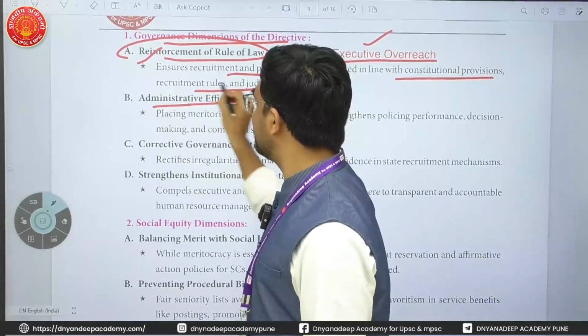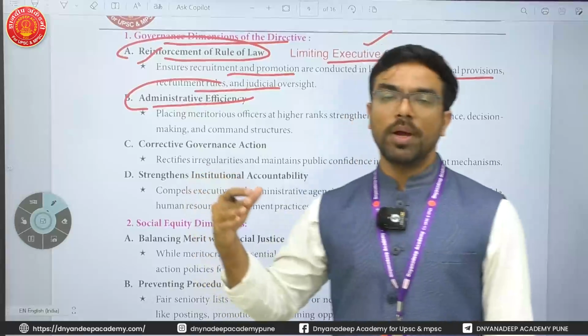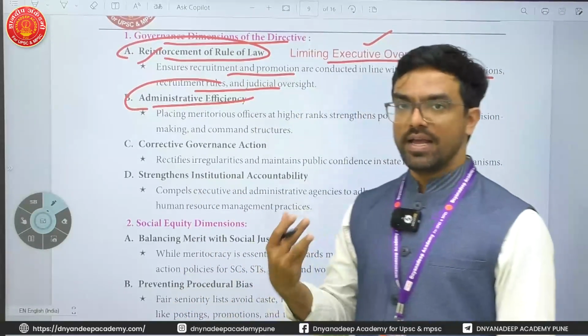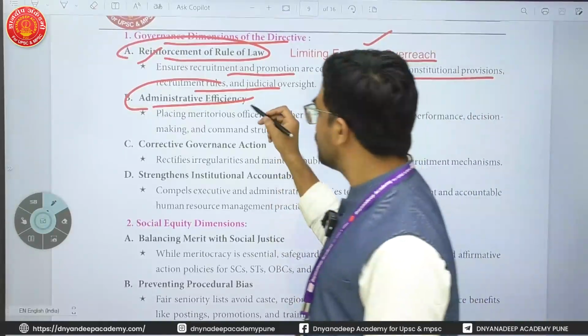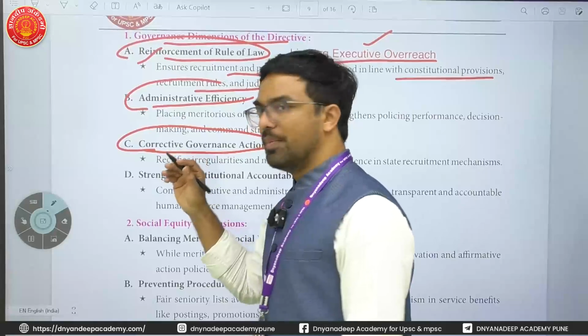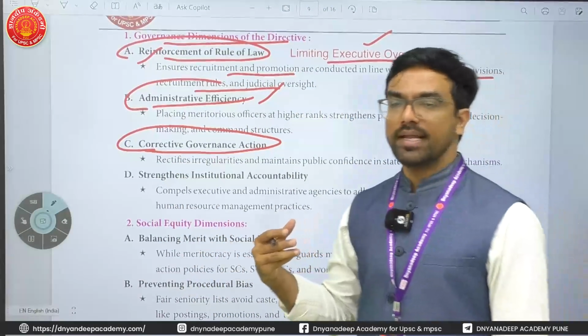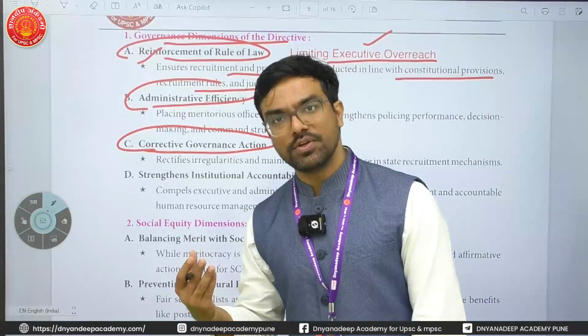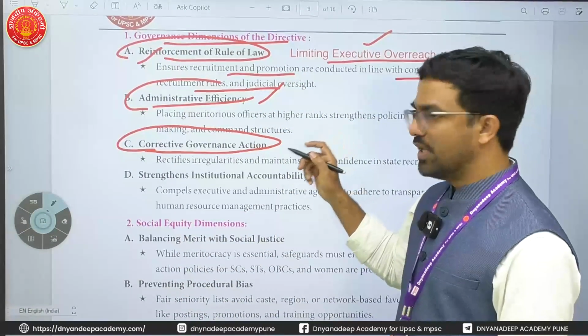It ensures administrative efficiency. How? By placing more meritorious police sub-inspectors in the promotion list, it ensures administrative efficiency. Corrective governance action, because by abiding by the political executive's orders, there were some errors.